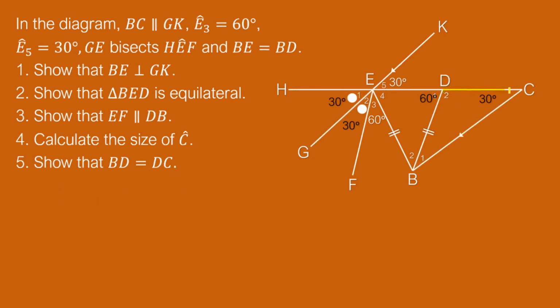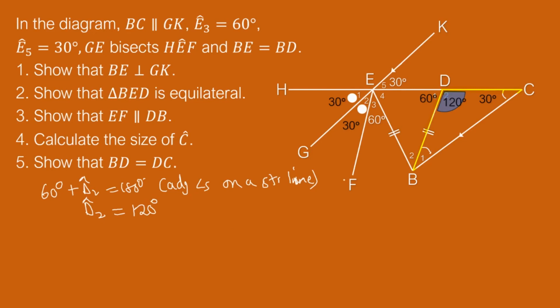Show that BD is equal to DC. We want to show that BD is equal to BC. These two sides can be equal if these two angles are equal. Right, so we can find angle D2. D1 and D2 are adjacent angles on a straight line. So we can say 60 degrees from angle D1 plus D2 is equal to 180 degrees. Then we can find angle D2 is equal to 180 minus 60 degrees, which is 120 degrees.